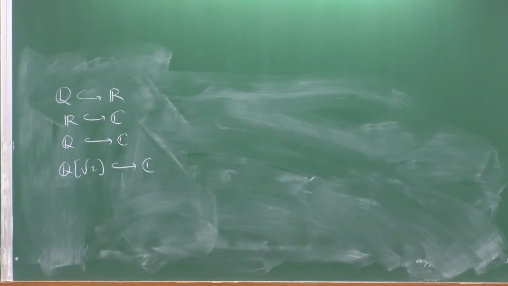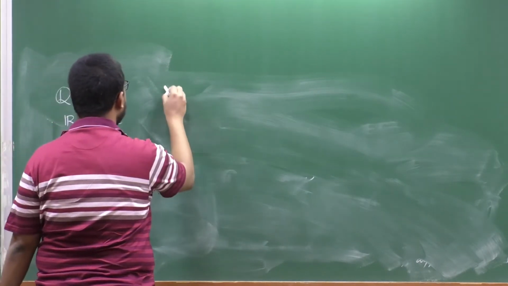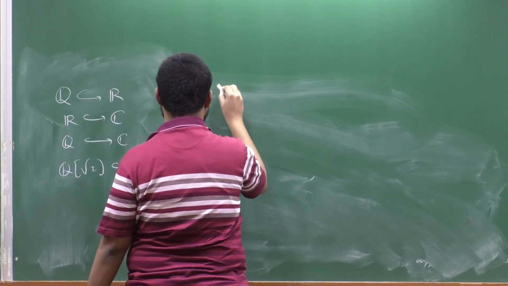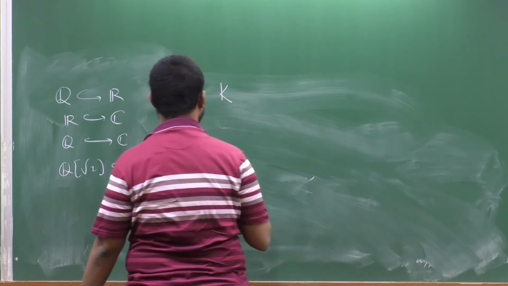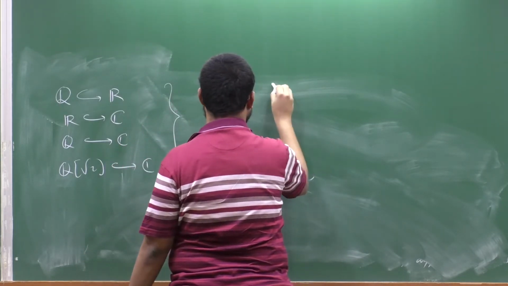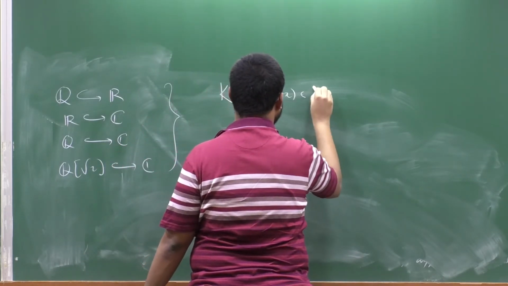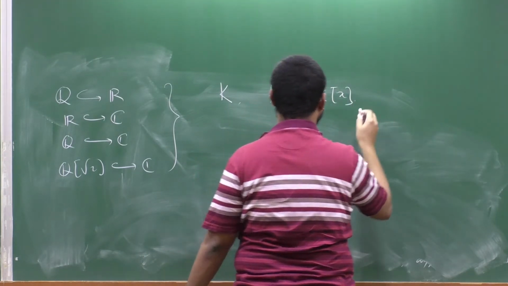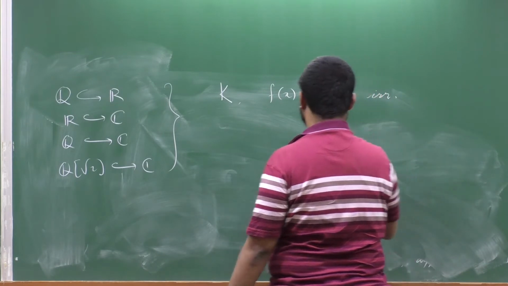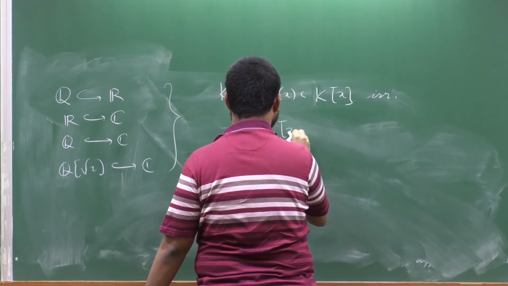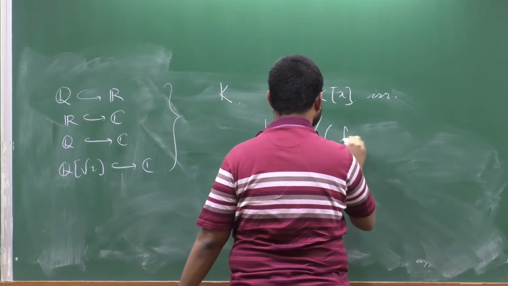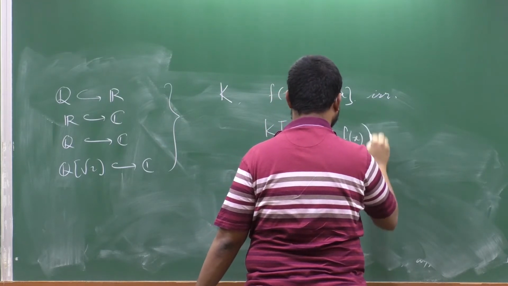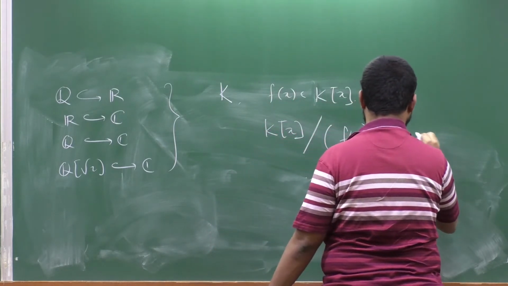I will give you another, different example of an embedding. Let K be any field, and let f(x) be an irreducible element of K[x]. Since K[x] is a PID, we obtain that K[x]/(f(x)) is a field.